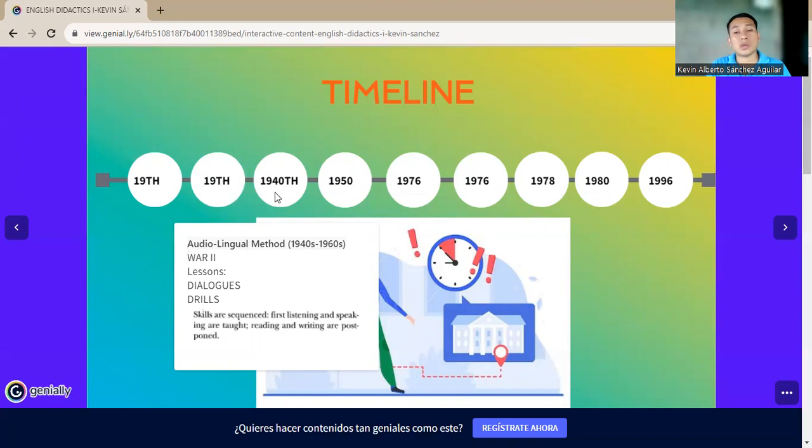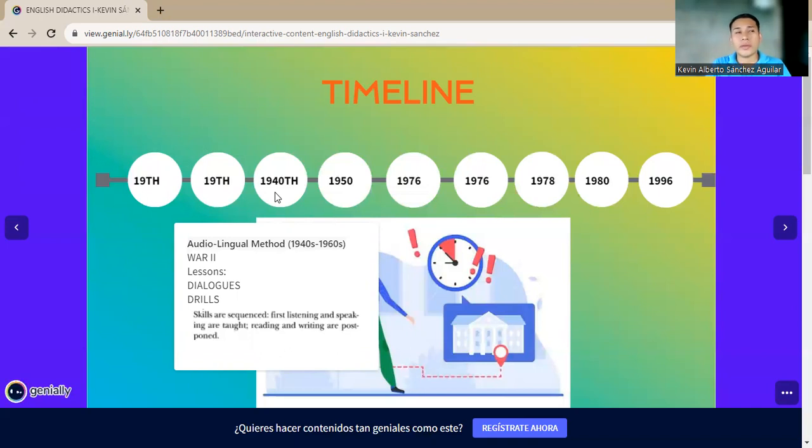Also, in every lesson, all the classes started with dialogues related to real life examples, and students were drilled by doing many different things. For example, when they were pronouncing words or doing pronunciation exercises, they were drilled, and in that way they were improving a lot. Speaking activities were drilled too.